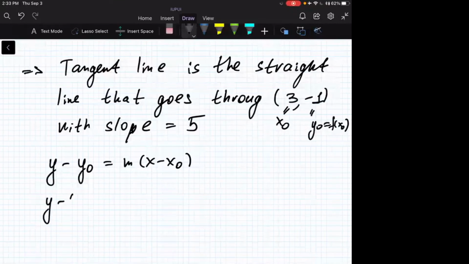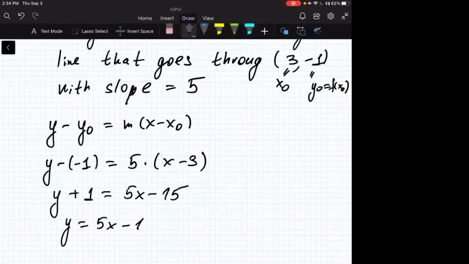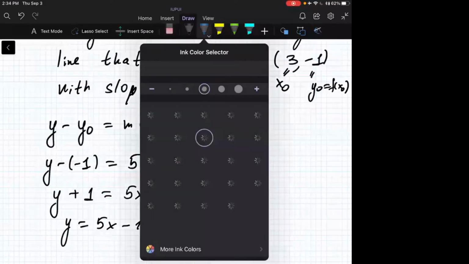So I have y minus y0, which is -1, is equal to m, which is 5, times (x minus x0), x0, which is 3. And I can simplify it, so y plus 1 is equal to 5x minus 15, and y equals 5x minus 16. This is, I think, the most compact answer that you can get.